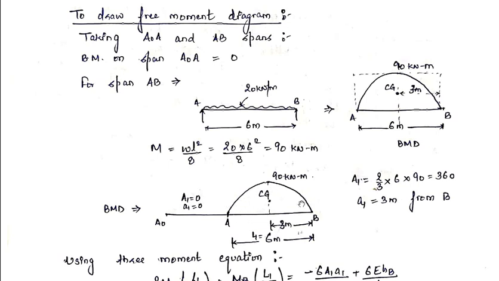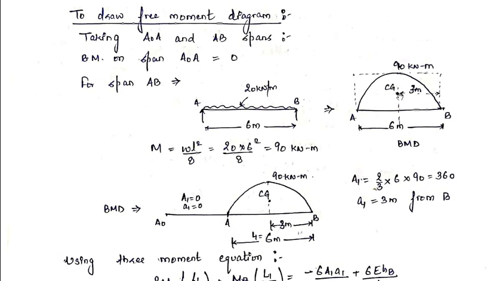Now let's see this area. The area of the bending moment diagram between A and B is, suppose, capital A2. This area will be two-thirds of the area of this dotted rectangle. The area of the rectangle will be 6 into 90, so two-thirds of 6 into 90 will come out to be 360.